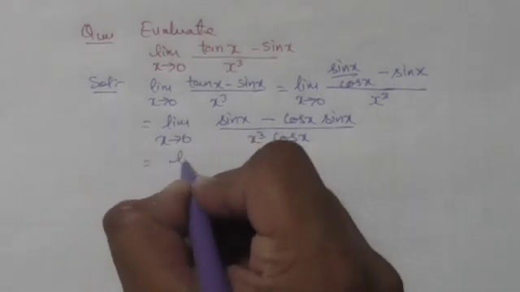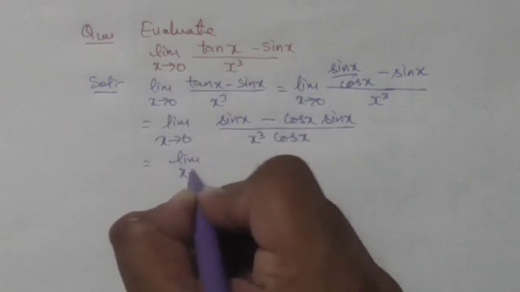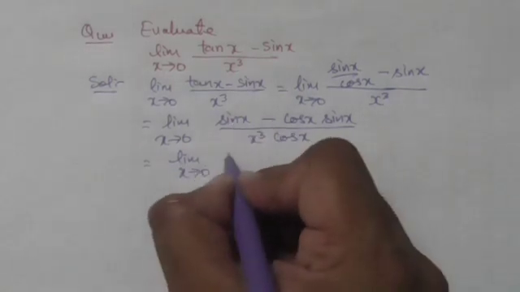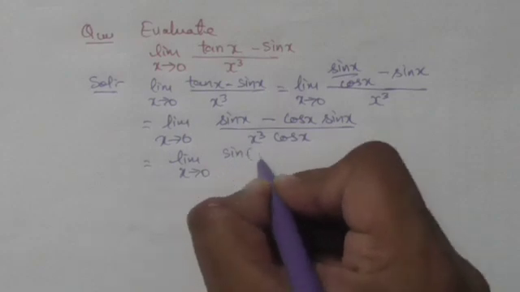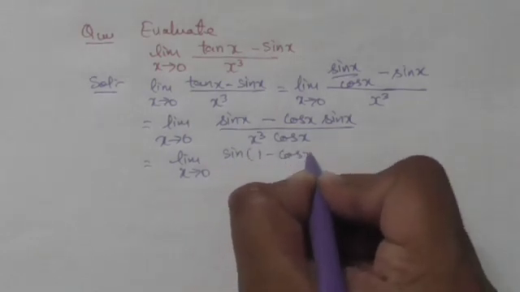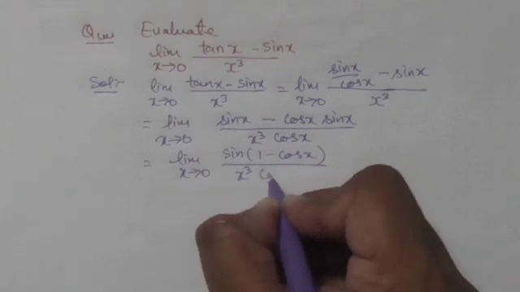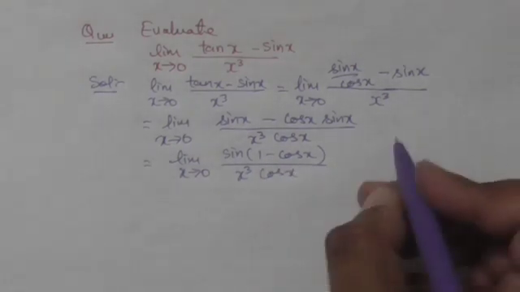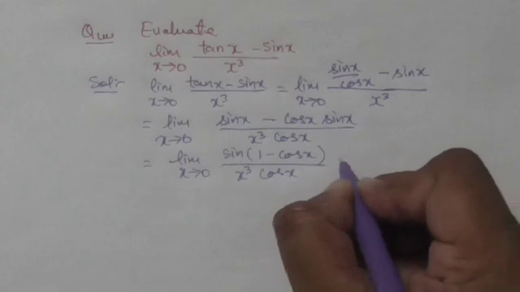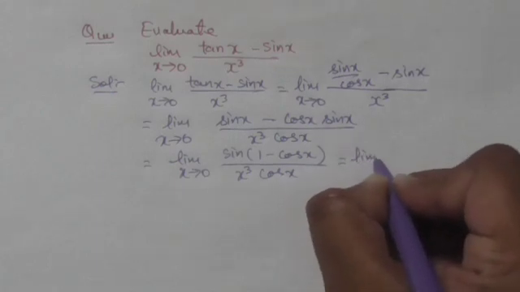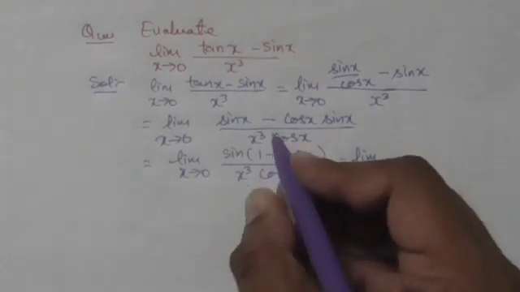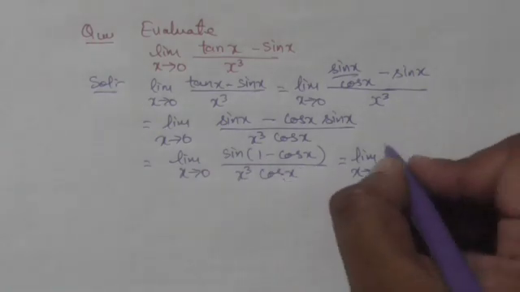So it will be equal to limit x tends to 0. Now in the numerator we will take sin x common. So it will be (1 minus cos x) upon x cube cos x. And it is equal to what? It is equal to limit x tends to 0. Now what is sin x upon cos x? It is tan x.